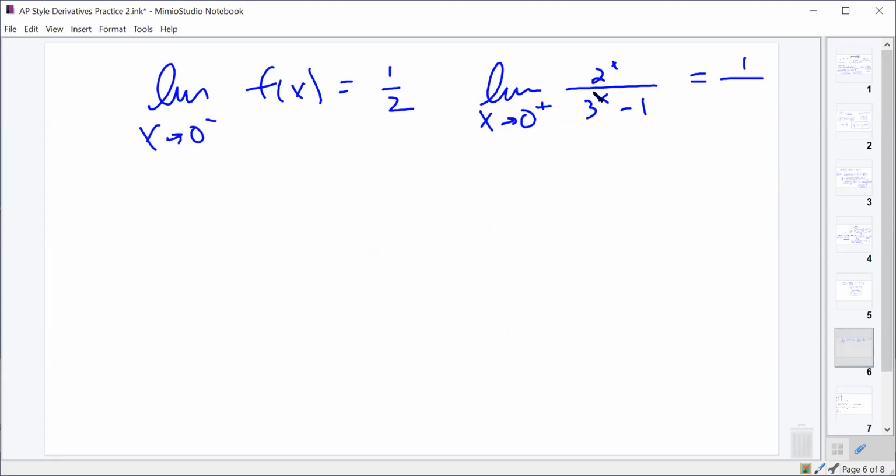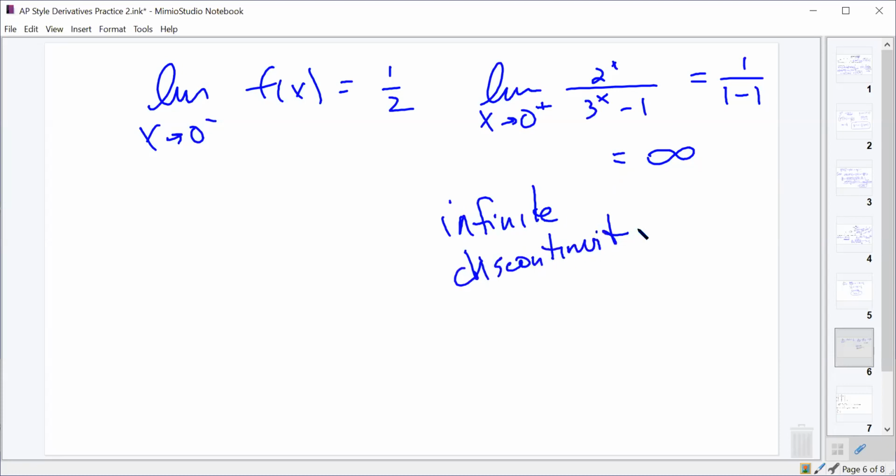And then here, something very, very close to 1 minus 1, or 1 over a number that's very, very small. And 1 over a very, very small number is an infinity. So if one side is approaching infinity or negative infinity at this discontinuity, then that tells us that we have a vertical asymptote there. And that tells us that it is an infinite discontinuity. Good or no?